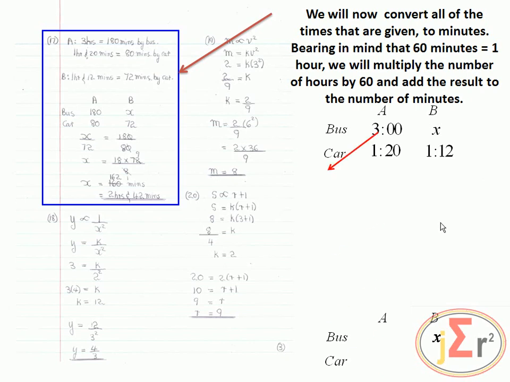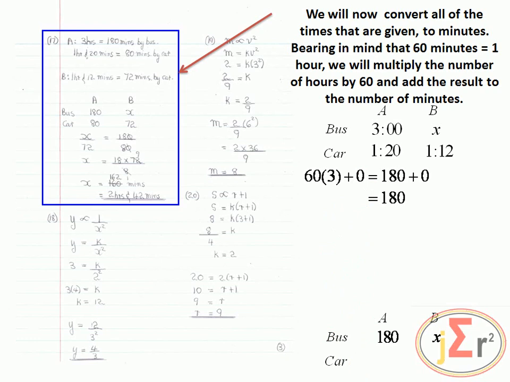The first one, what do we have? 3 hours times 60. No minutes. 3 times 60 is 180. When we add 0 to that, we end up with 180. That goes here and down here. There. So we are converting to minutes. What do we do next?